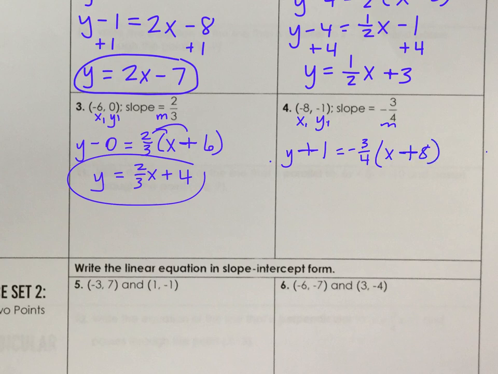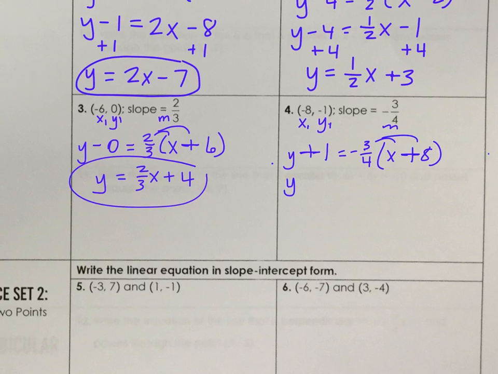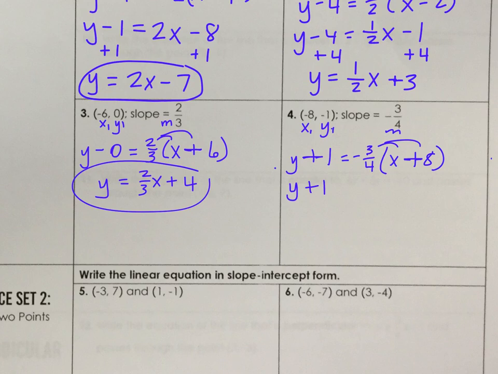Two negatives make a positive. We'll distribute: y plus 1 equals negative 3 over 4x minus, 3 times 8 is 24, divided by 4 is 6.